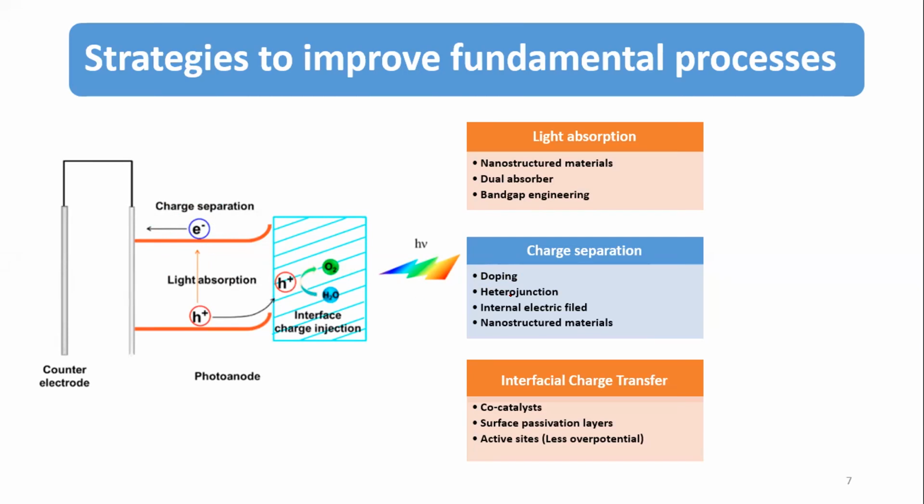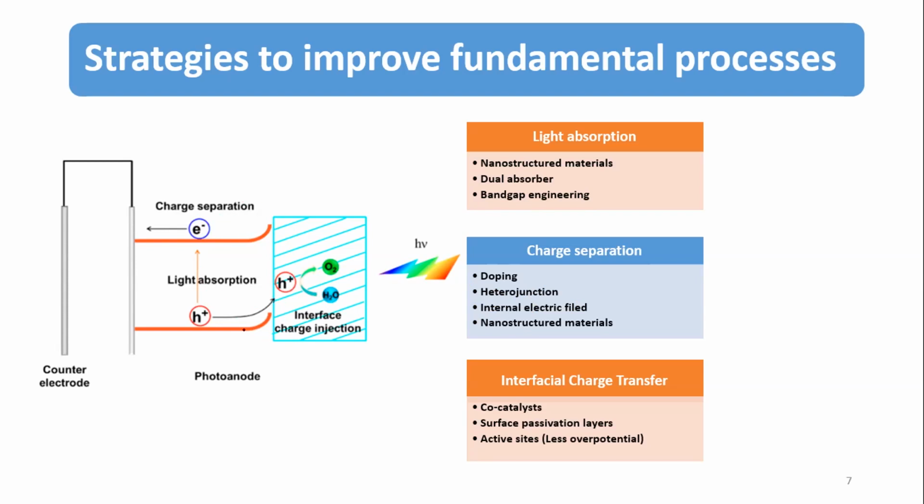Or another way to improve charge separation, because our task is that these charge carriers should be separated somehow without recombining back with the hole, is to introduce a heterojunction with suitable band gap materials. This heterojunction will also separate the charge carriers if the band offset is suitable, so that electrons will move to one side and holes will move to another side. And one of the important things to separate charge carriers is the built-in electric field.